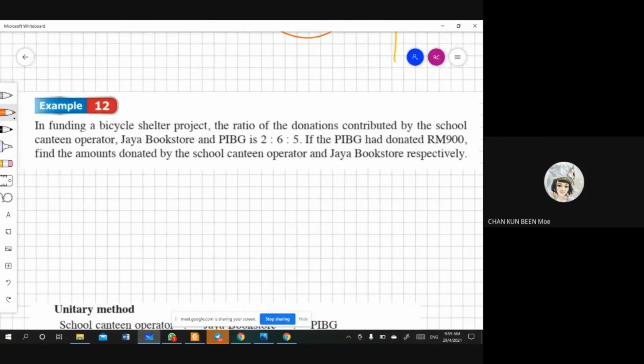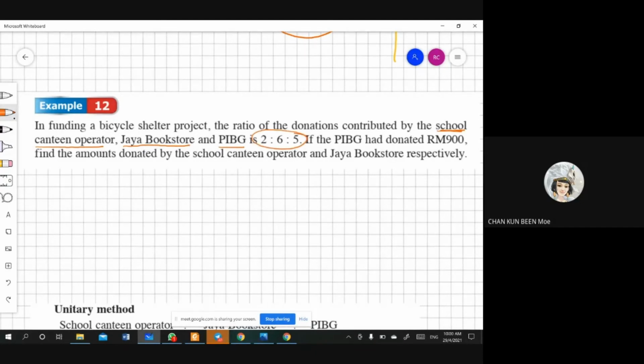Okay, so in funding the bicycle shelter project, the ratio of the donations contributed by the school canteen. There are three quantities right now: the school canteen operator, Jaya Bookstore, and PIBG. So this is the ratio given.